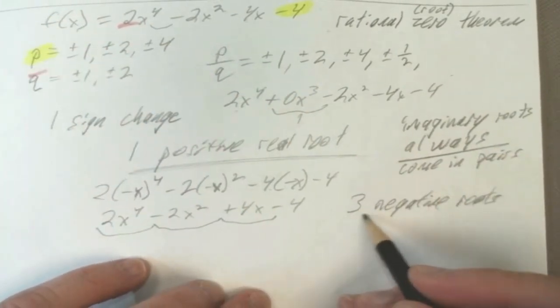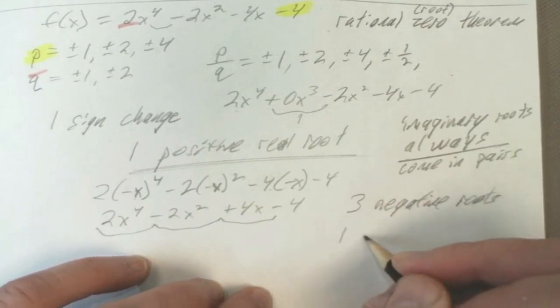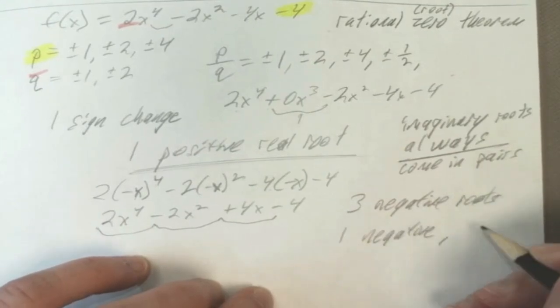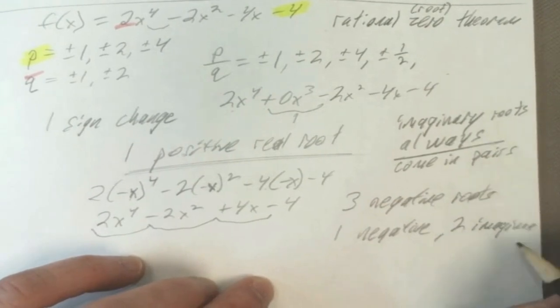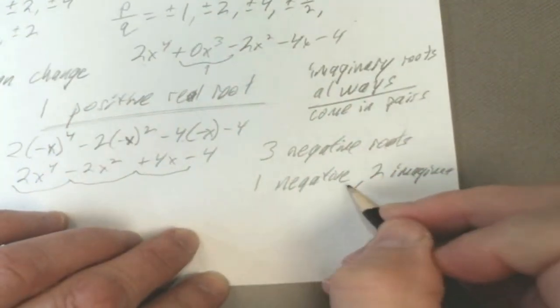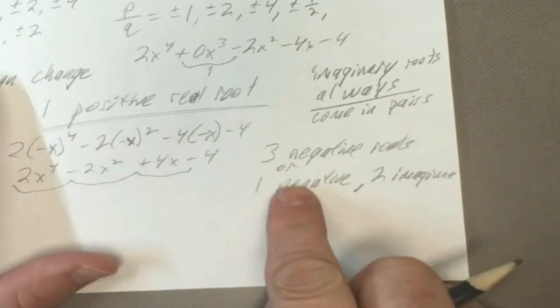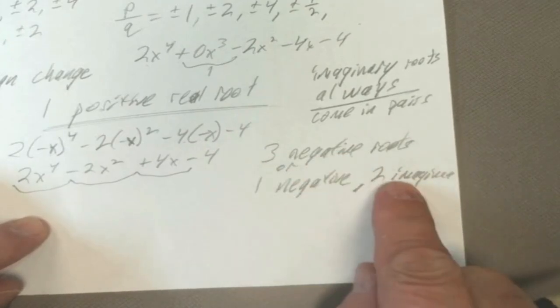So if any of these are imaginary, it could be that there's one negative and two imaginary. I'll put that as an or. If there's three, that means there could be three, or there may just be one and two imaginary.